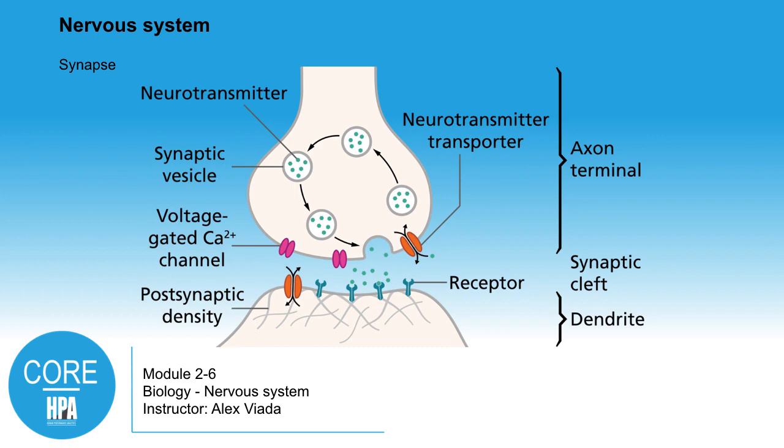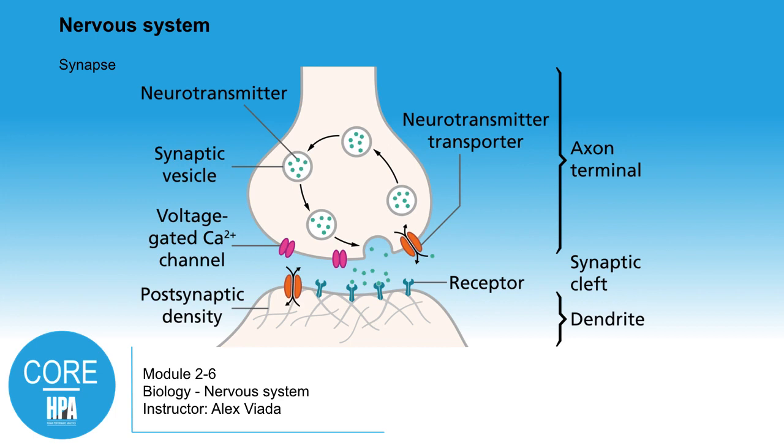When this signal propagates down to the end of the axon, the neurotransmitter itself, because between various neurons we are talking about neurotransmitters, many of these are ligand-gated channels. You can see how when the signal propagates down to the end of the axon, there are special voltage-gated calcium channels.